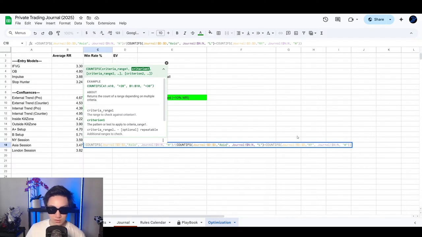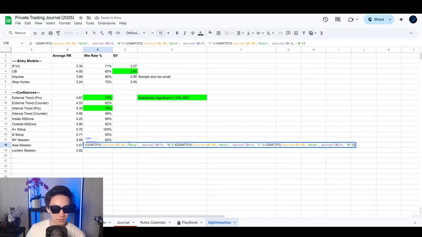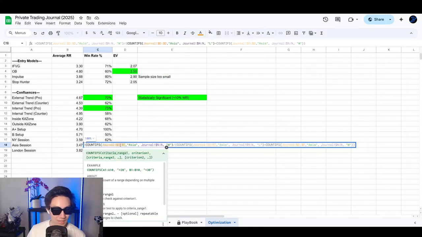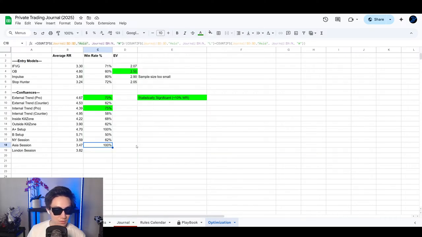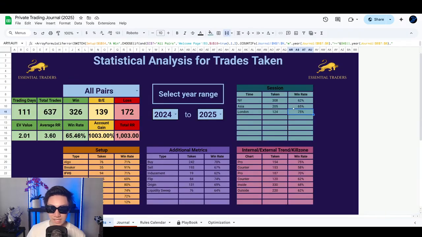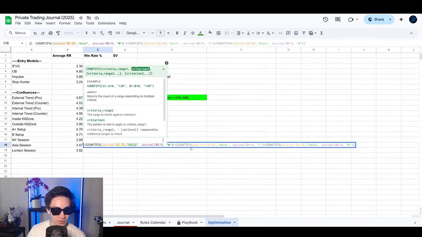And then we'll change this to Asia. So Asia win rate, what? Okay, the calculation here is wrong. Asia win rate is not 100%. There's something I'm definitely missing here. Asia win rate here is 65%. It did get near session one correct. That's so weird.